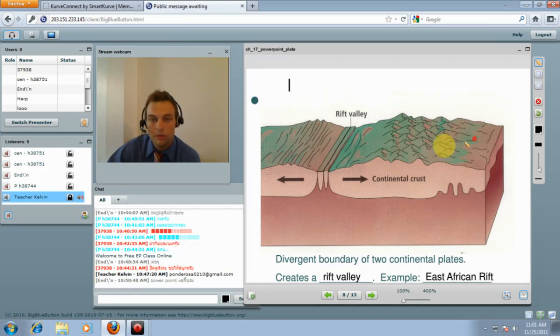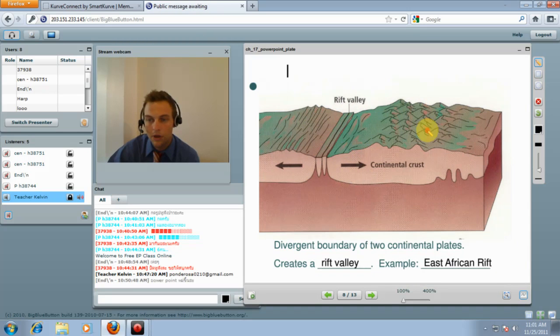Okay, so let's just go over a little bit about what happens to the landscape with these different types of boundaries. There's just a little bit of vocabulary here. It should be pretty easy, but when you have a divergent boundary between two land plates, so this is plates with no ocean on top, then you get what's called a rift valley.